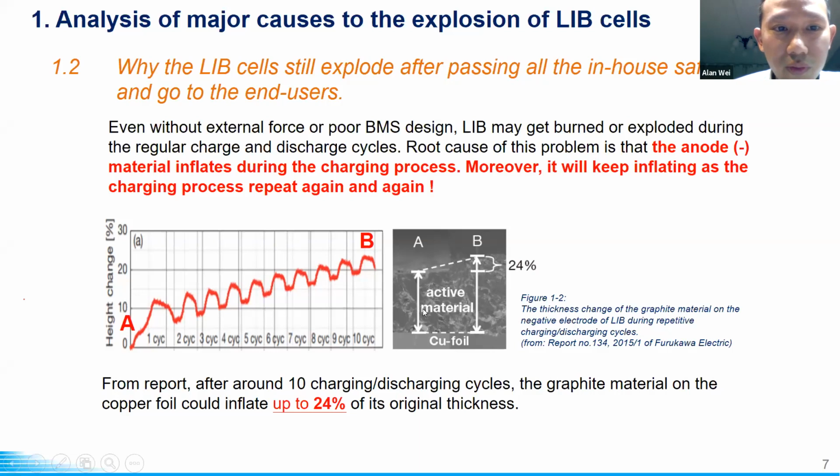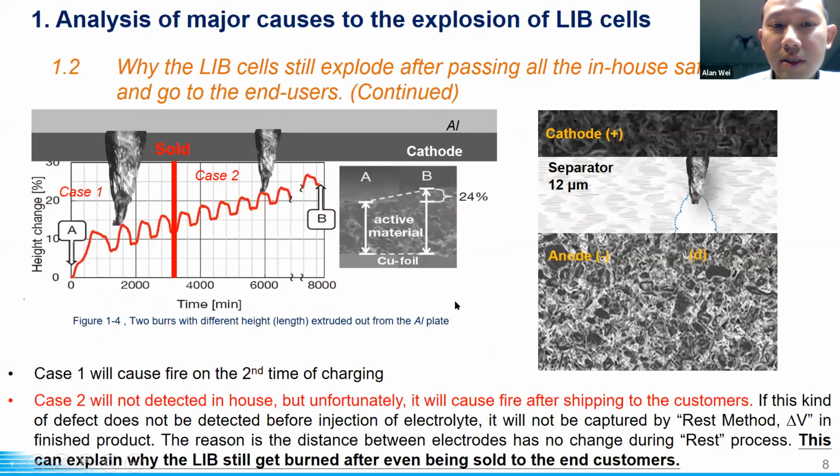And we are trying to explain why this kind of defect battery will pass the in-house test and get an internal short after shipping to the customer. There are two different cases. In case one, you can see there is a strong burr and it is very long.